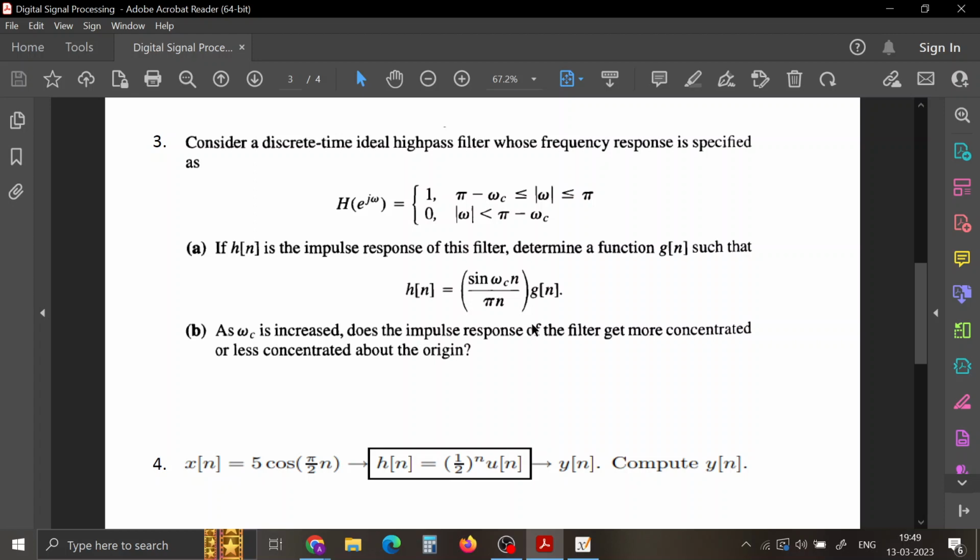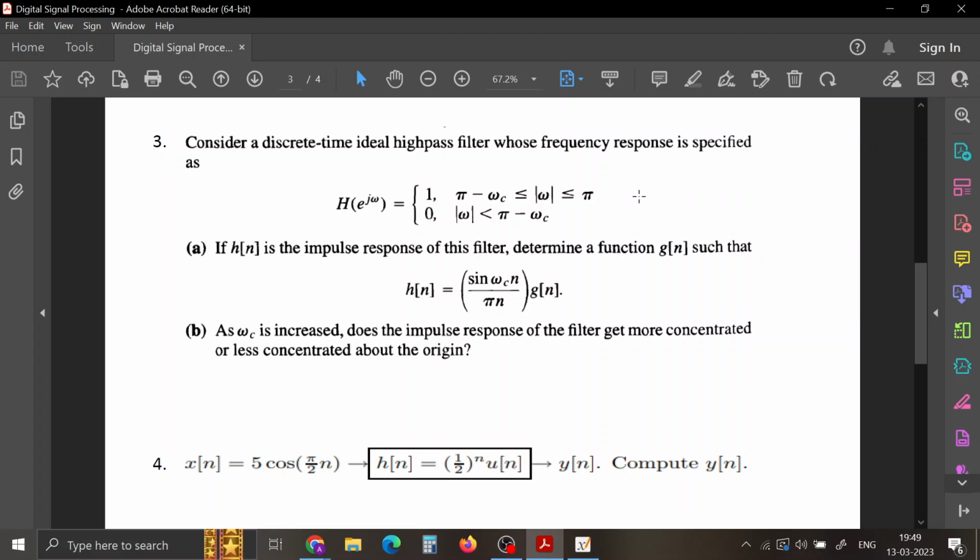The general approach is, from the frequency response capital H of e power j omega, if we can take the inverse DTFT and find the impulse response h of n, we have the expression for h of n, and then we can find this g of n. We can equate it with this form and find g of n.